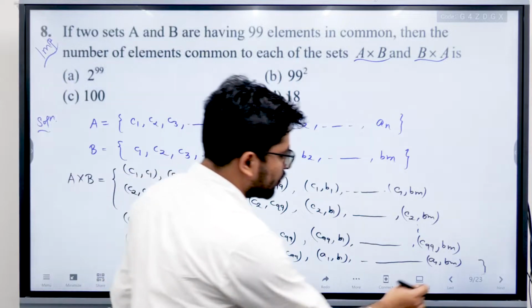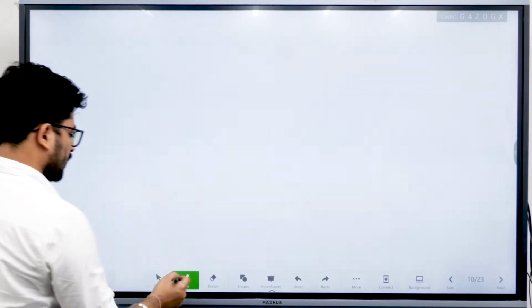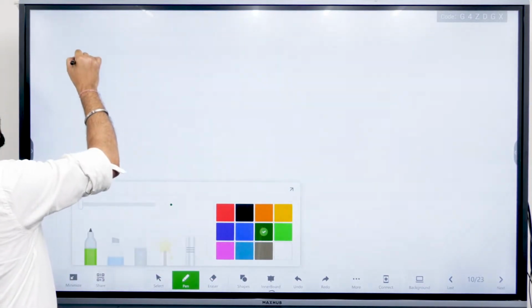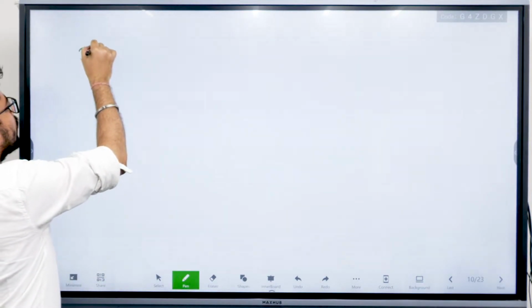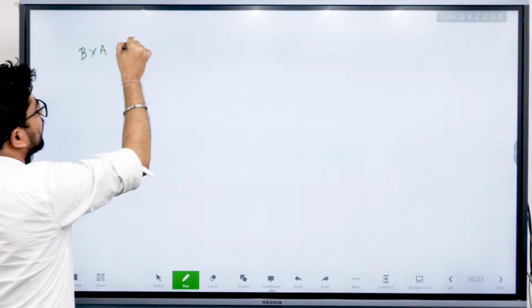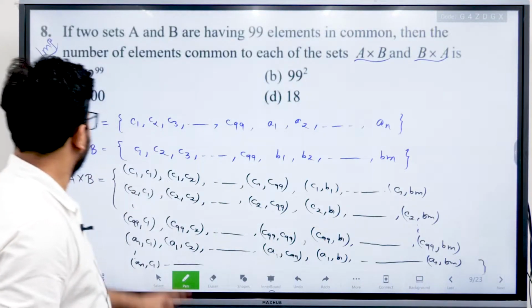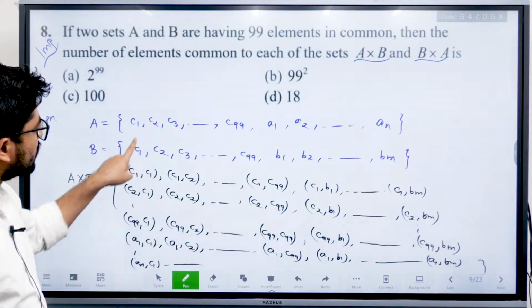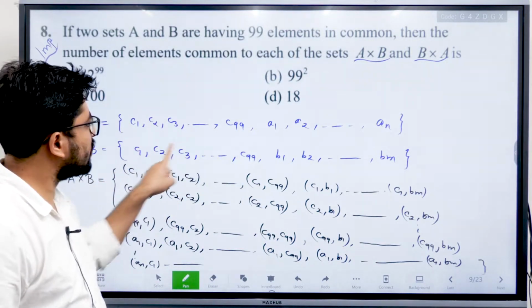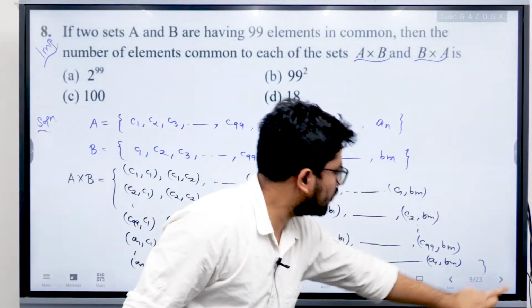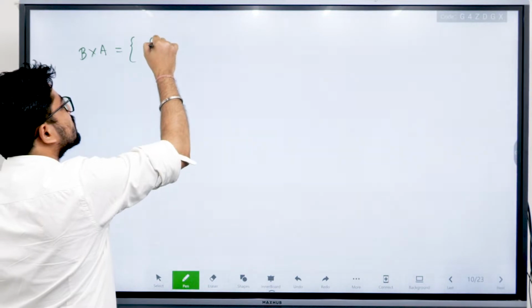Now let's draw B cross A. Draw means let's form your B cross A set. For the B cross A, C1 C1, C1 C2, C1 C99 and then you have C1 A1, C1 A2 and C1 AN.